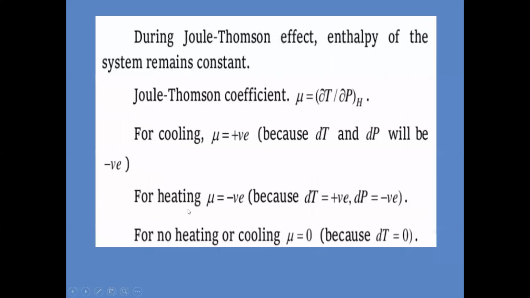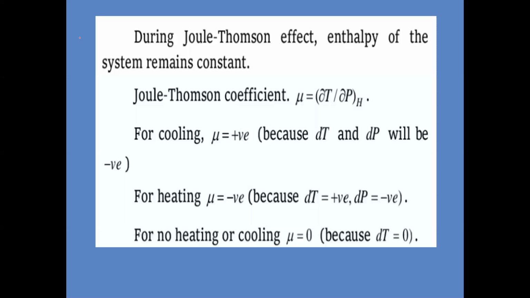Now, the next important area we have to understand is what happens during the Joule-Thomson effect. What is the first condition? During the Joule-Thomson effect, the enthalpy of the system remains constant.